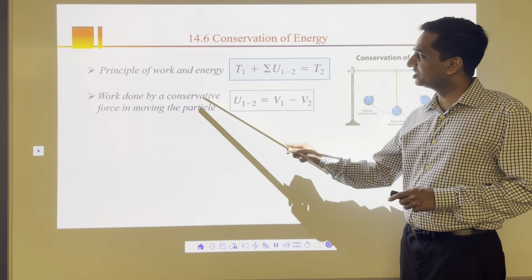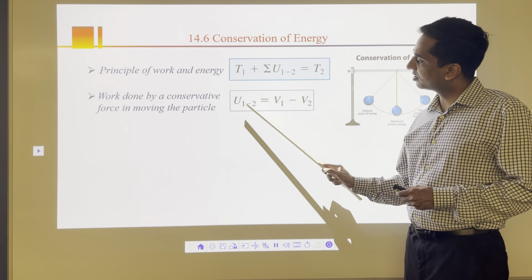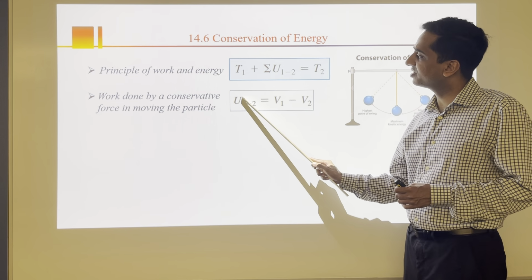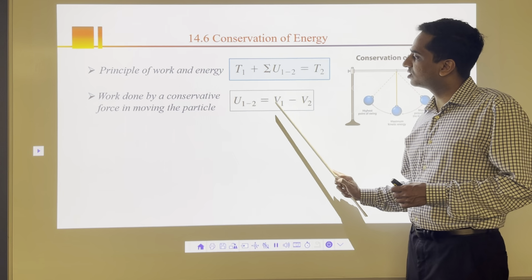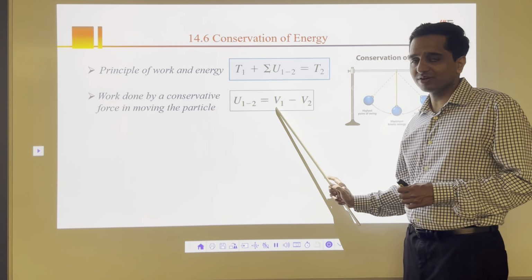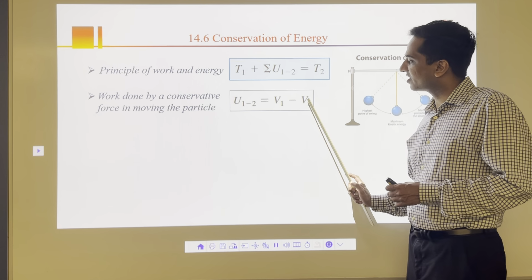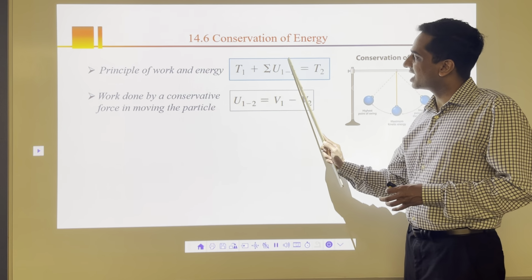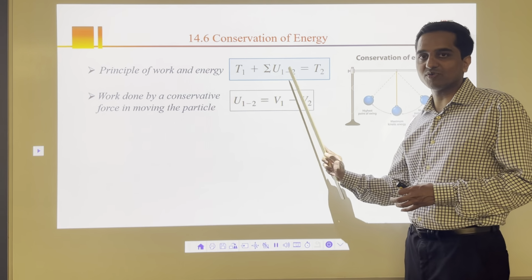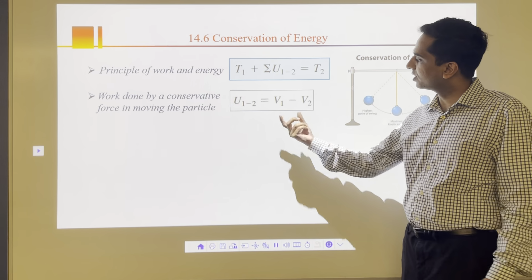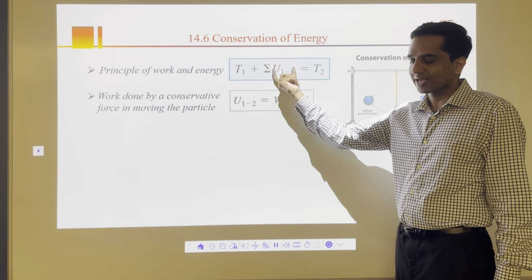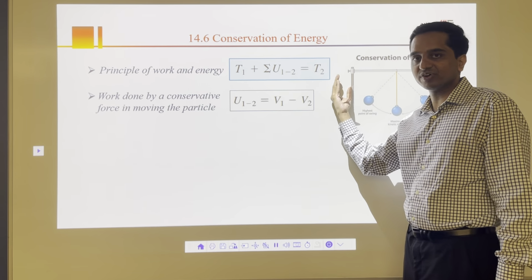Now we learned that the work done by the potential function is V1 minus V2, that's initial potential energy minus final potential energy. I have U12 here and U12 there, that's my work done. So I'm going to plug this value in and rewrite the entire equation.